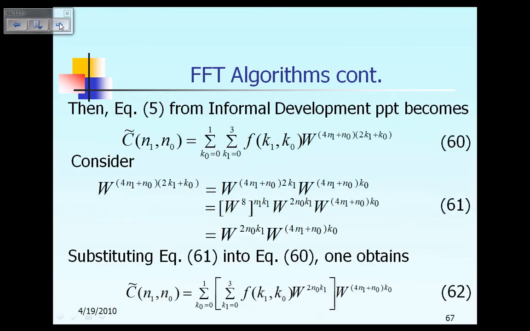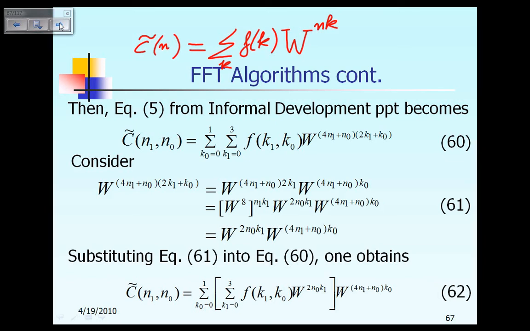With that much of the definition, if you remember earlier, we have a formula which says C tilde as a function of n is equal to the summation over the index k of f of k multiplied with the function W raised to the power nk. This is a formula that we had in an earlier chapter when we talked about the informal fast Fourier transform.